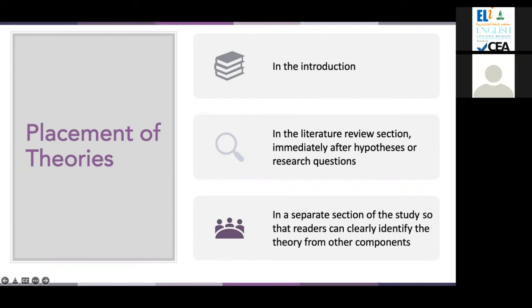A very common approach is to place it in the literature review section, immediately after hypotheses or research questions. And some researchers, especially in research proposals where they want to emphasize the selection of the theoretical framework, might dedicate a separate section so that the readers can identify the theory from other components. So you can either place it in the introduction, in any of the forms of your choice, or in the literature review, or in a separate section.